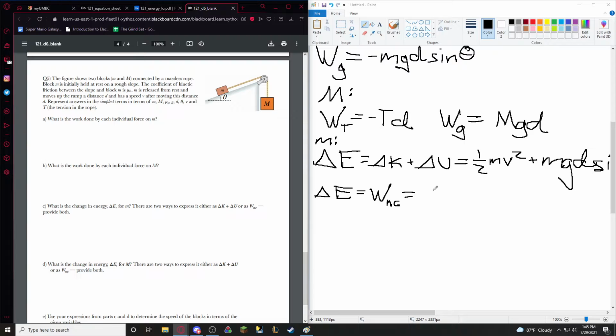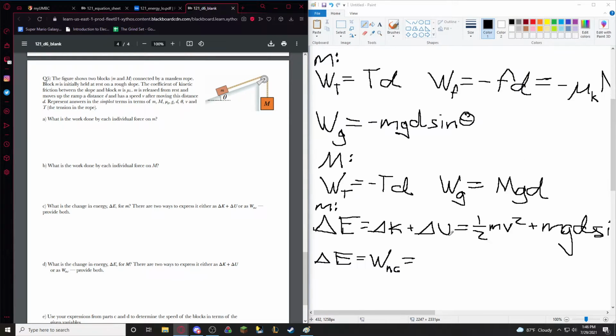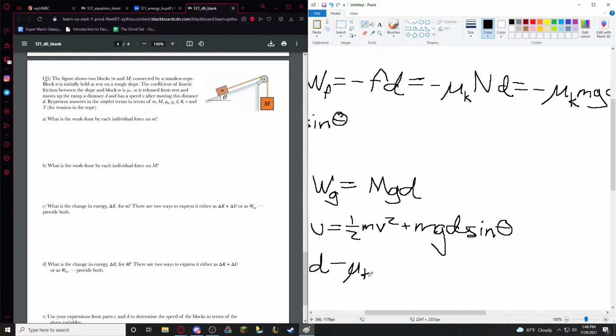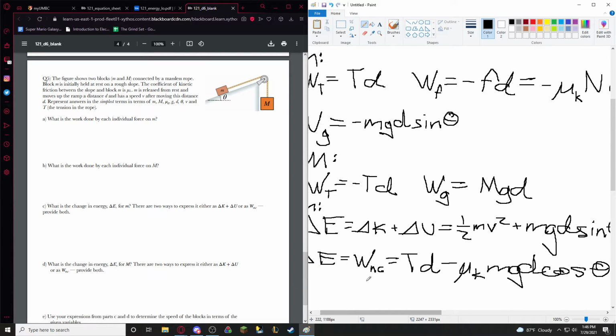For little m, T would be positive and the friction force would be negative. Yeah, I like that definition because it's in the same direction we're moving. What's the total work done by the tension? T times D. Exactly. What's the total work done by the frictional force? Negative mu k mg d cosine theta. Exactly. Boom. That's the total change in energy for little m.